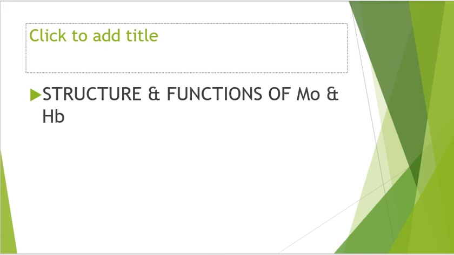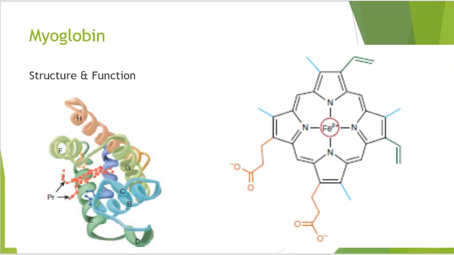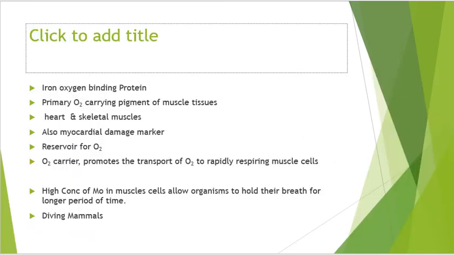Now we discuss the structure and function of myoglobin and hemoglobin. Myoglobin is an iron oxygen-binding protein, the primary oxygen-carrying pigment of the muscle tissues.